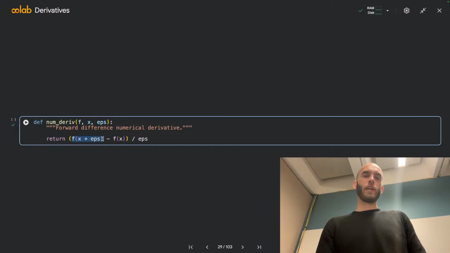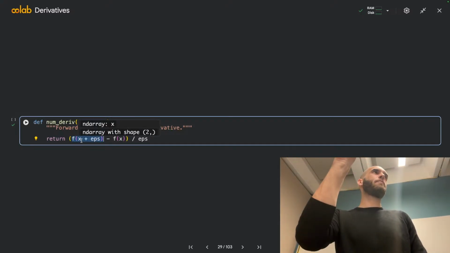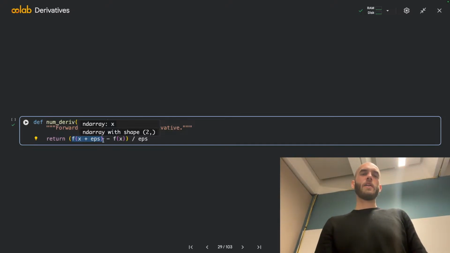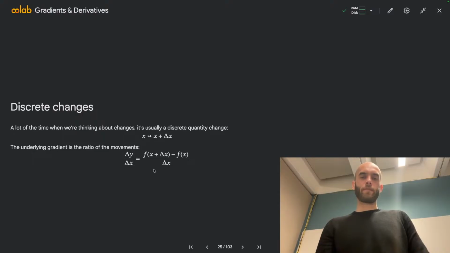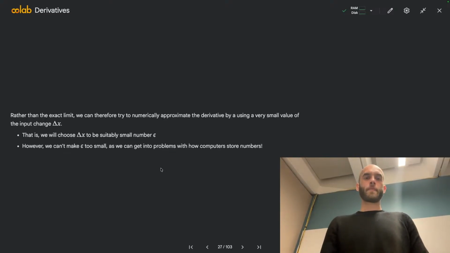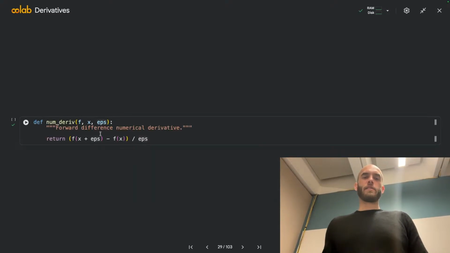We have the function evaluated at x plus some small increment, and then we're subtracting off the original x, so the x without the increment, and then we're dividing by the increment. So we have the difference between the two evaluated parts of x, and then we're dividing by the difference. So this should look identical to this thing. We have the difference on the top, so f of x plus the increment minus f of x, divided by the increment itself. So we've just written this in some nice little code.